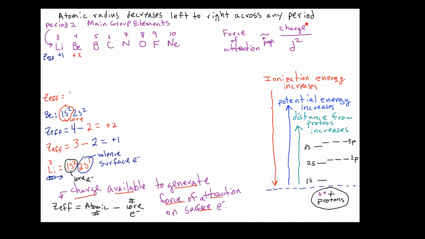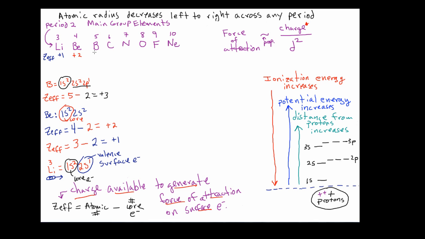The Z effective for boron is going to be 5 minus, all right, what's my electron configuration for this one? For boron it's going to be 1s2, 2s2, 2p1. All right, now my core, once again, remember out here this is your valence. So the core once again is 1s2. So it's going to be 5 minus 2 or +3.